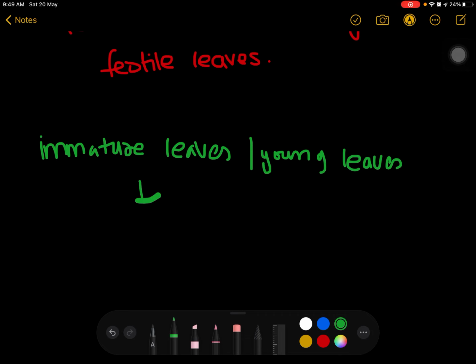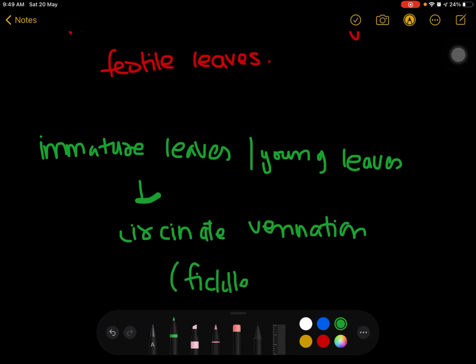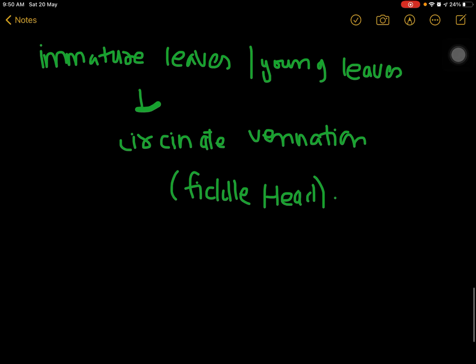Basically, they are in circinate venation, or they are also known as fiddleheads, right?